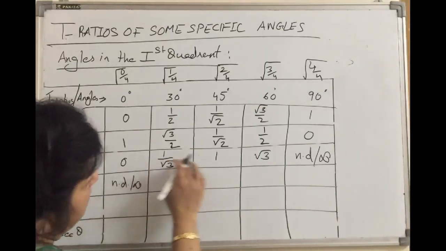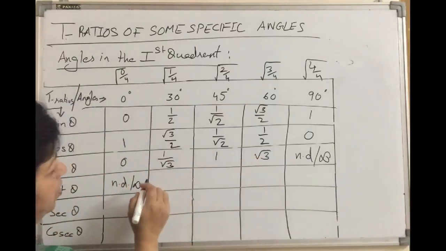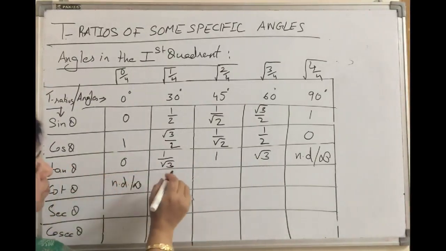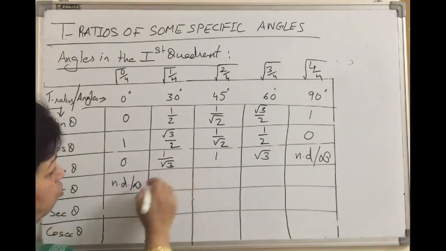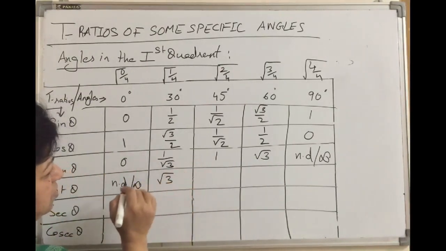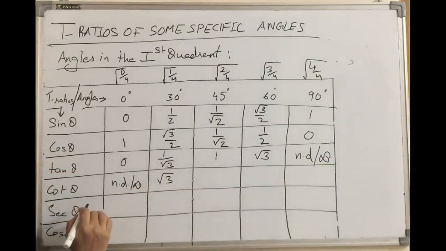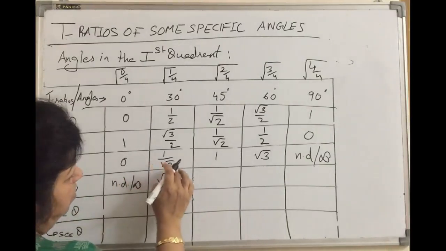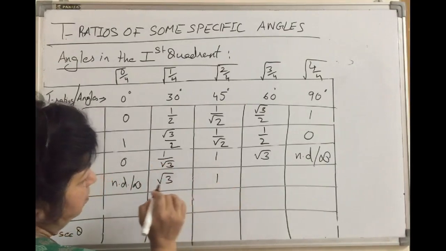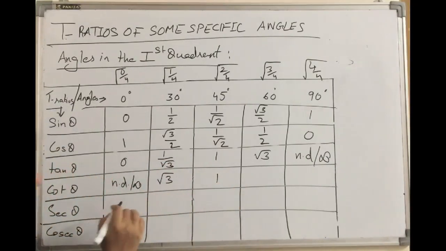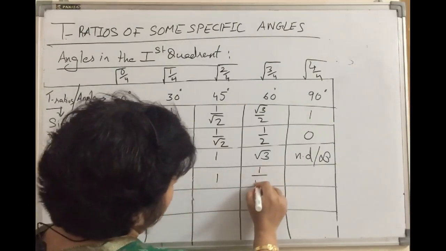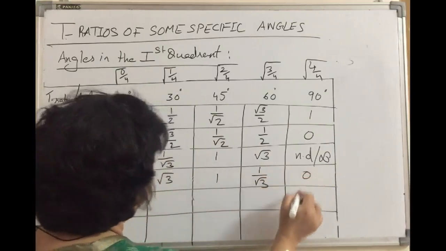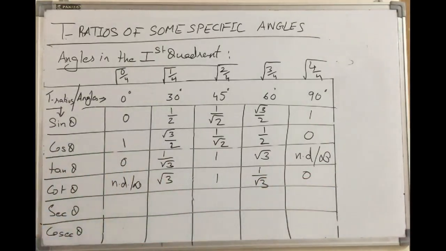Then tan 30 and cot 60 are the same, so root 3 comes here, fine. Then 1 remains the same because 45 plus 45 is 90. 1 by root 3 comes here and 0 comes here. So we have obtained the values for cot of an angle.